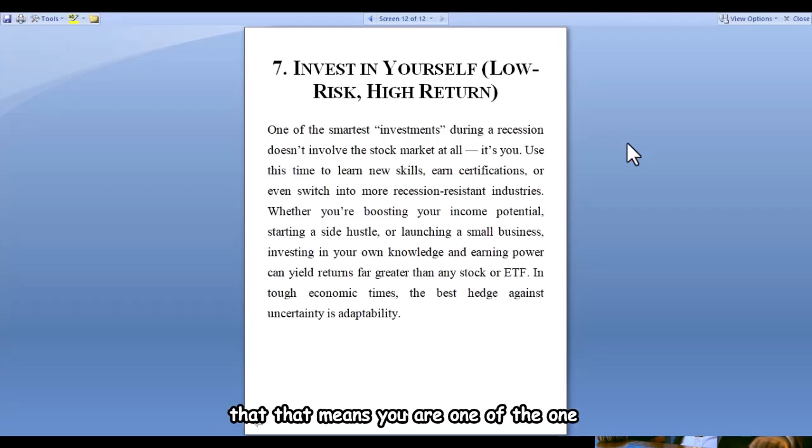So when you do that, that means you are one of the 1% that recession won't really affect, because now you know what to do, you know what to invest in, you know how to diversify your income, your earnings, so the losses won't be huge, or there will even be no losses at all. It depends on you. So invest in yourself today, because that is the best thing you could ever do for yourself. So now that will be all for today.